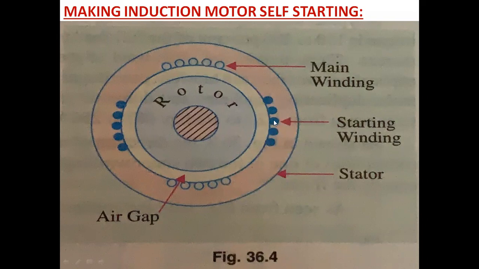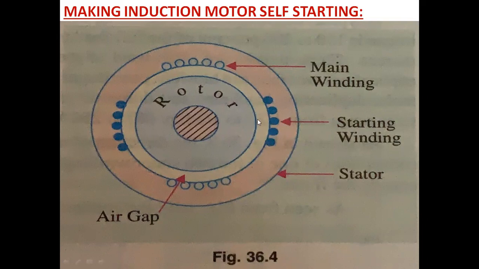If I arrange this main winding and auxiliary winding to have a phase difference of large value, ideally 90 degrees, what happens? The motor behaves like a two-phase motor, right? So the two currents produce a revolving flux: the current produced due to the main winding and the current produced due to the starting winding.